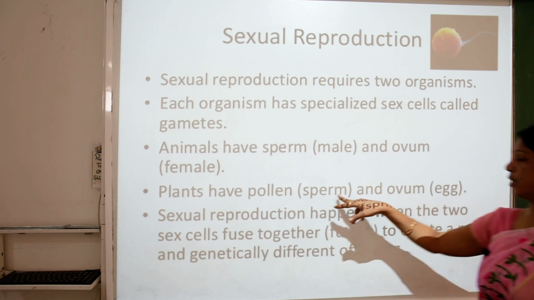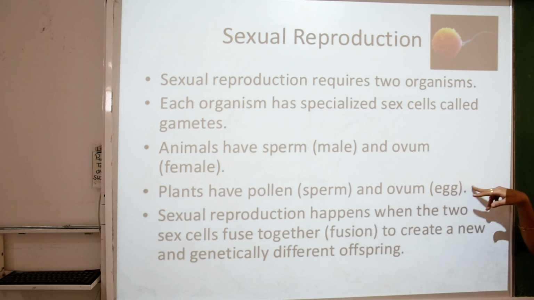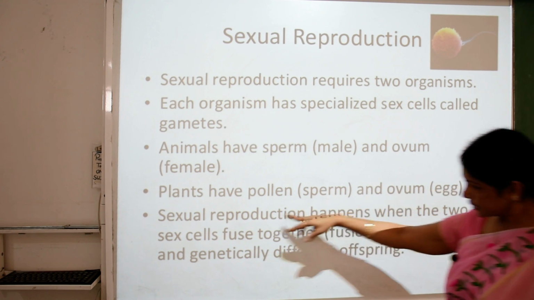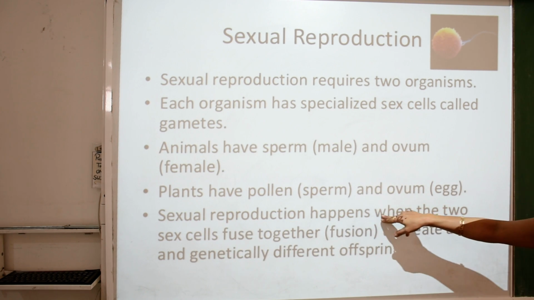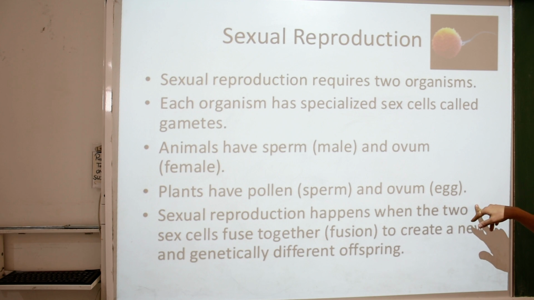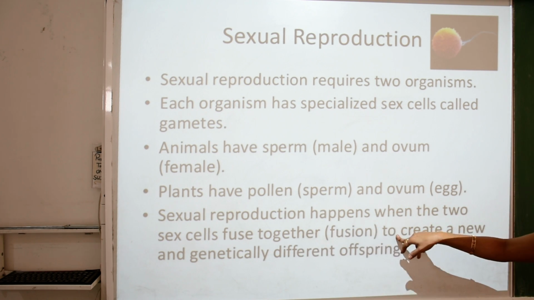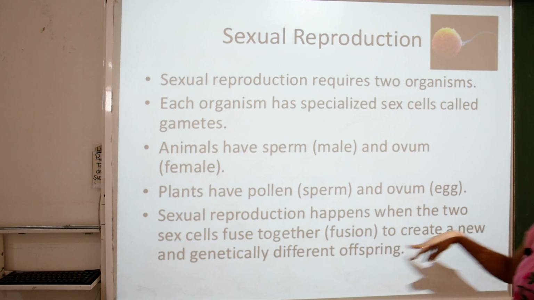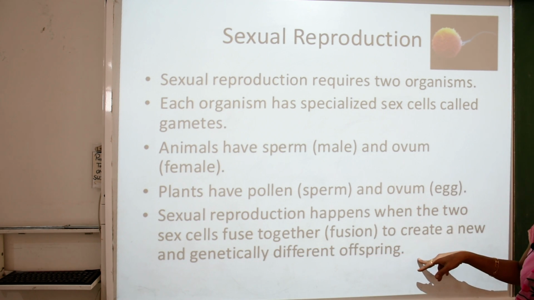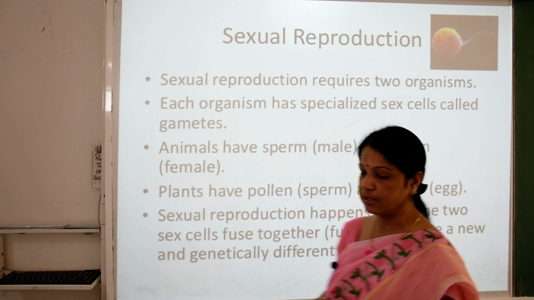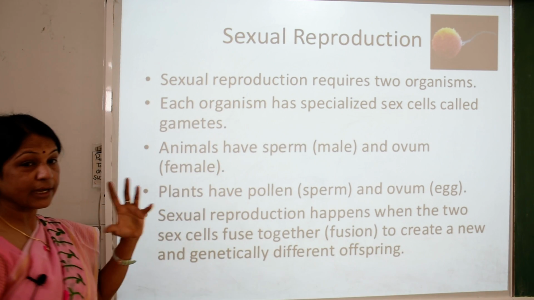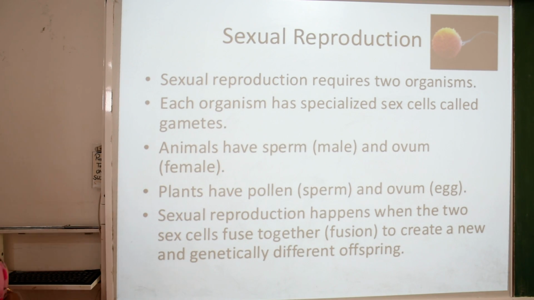Plants have pollen, meaning sperm, and ovum meaning egg. Sexual reproduction happens when the two sex cells fuse together, meaning fusion, to create a new and genetically different offspring. These are the specific characteristics of sexual reproduction.